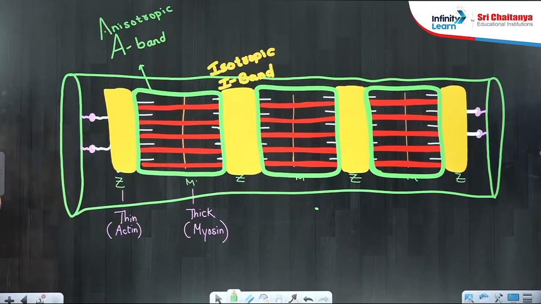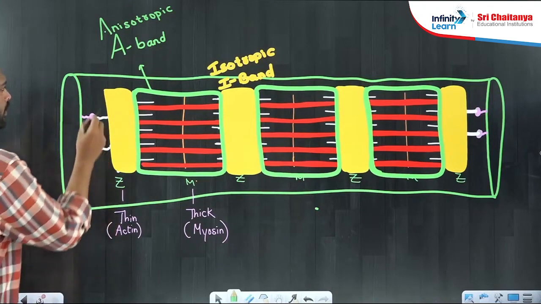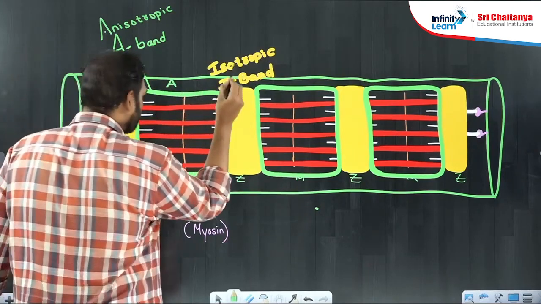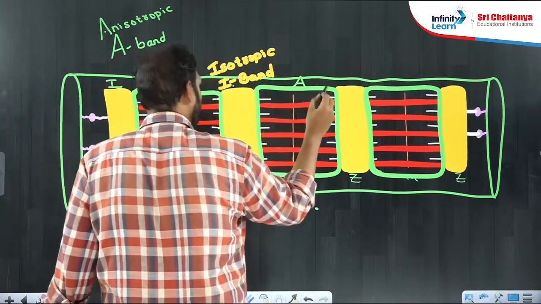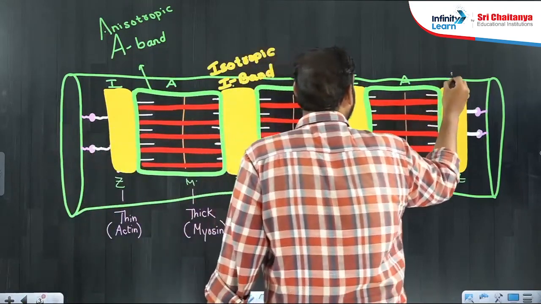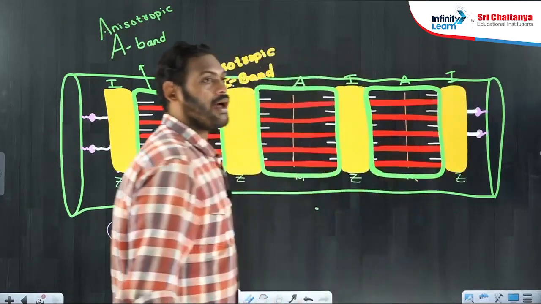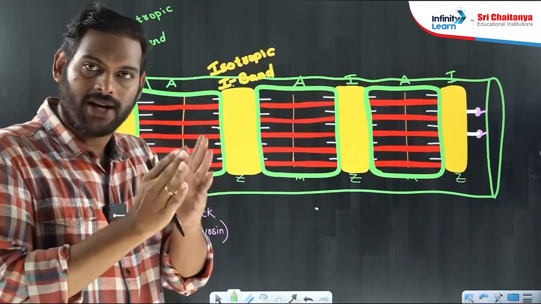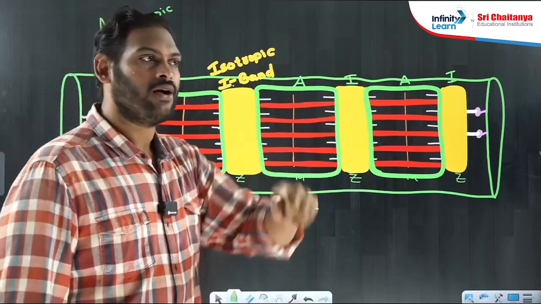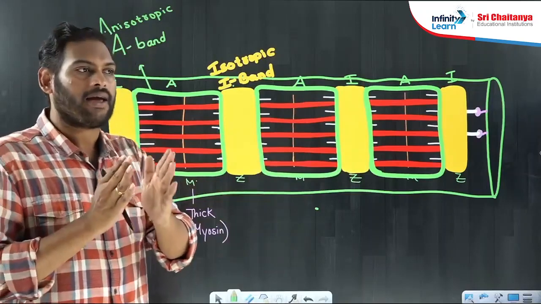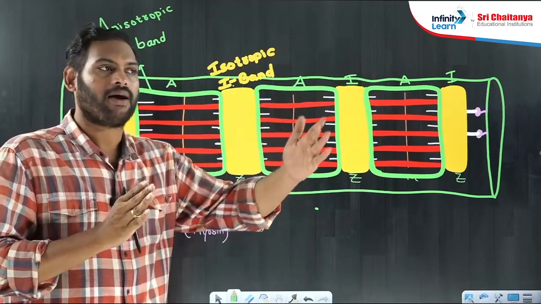Therefore, you can see I band, A band, I band, A band, I band, A band, again I band. As you saw, there is an alternate arrangement of Z lines. Now we can see an alternate arrangement of I band, A band, I band, A band, I band, A band.